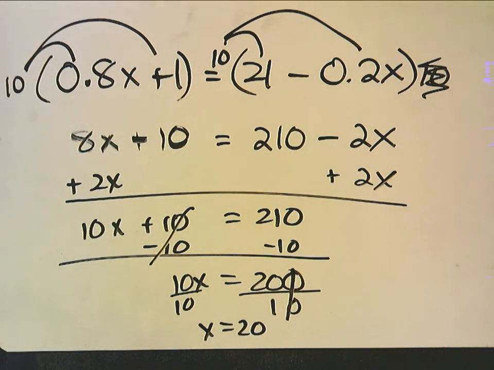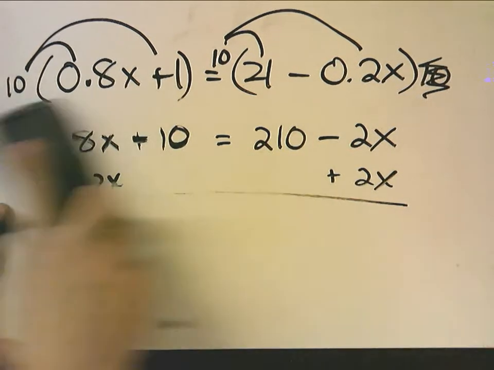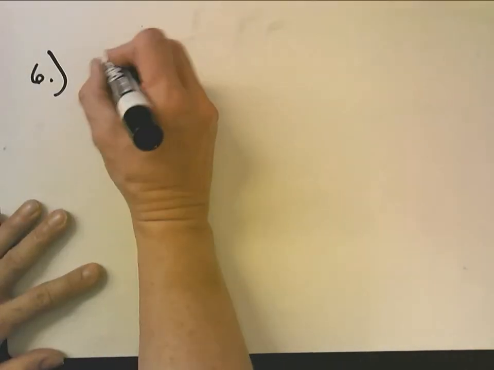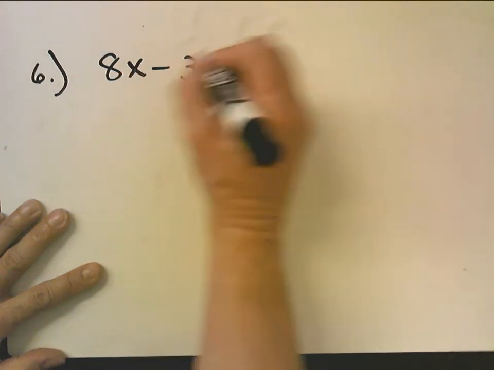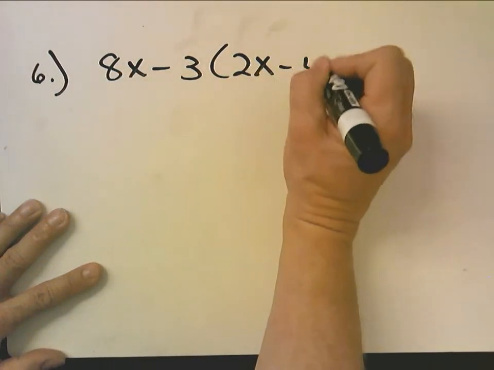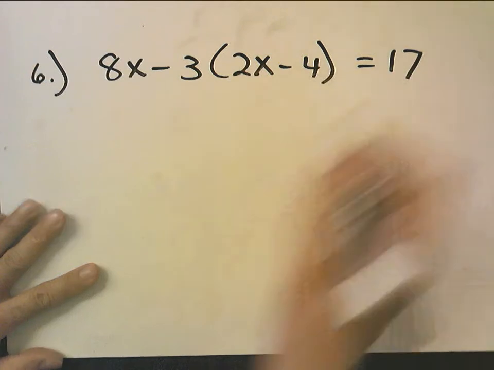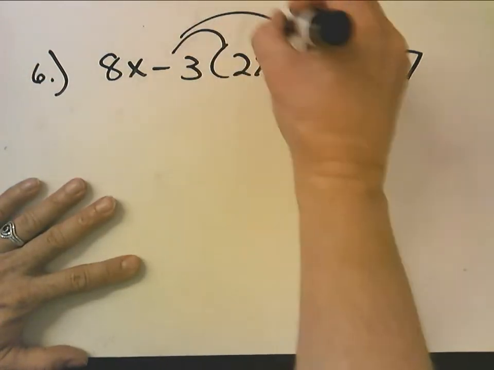Okay. Now, page 35. Okay, so number 6 is 8x minus 3 times 2x minus 4 equals 17. So I'm going to distribute my negative.